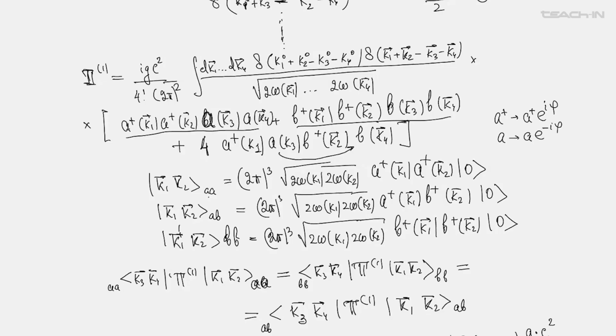Here it contains two particle creation and two particle annihilation operators. Here it contains two antiparticle creation, two particle annihilation operators. And finally, the last term contains two operators of creation, particle and antiparticle, and two terms which correspond to annihilation of particle and antiparticle.